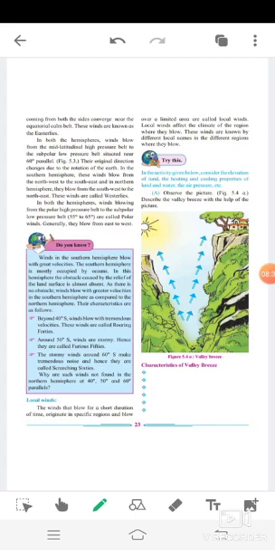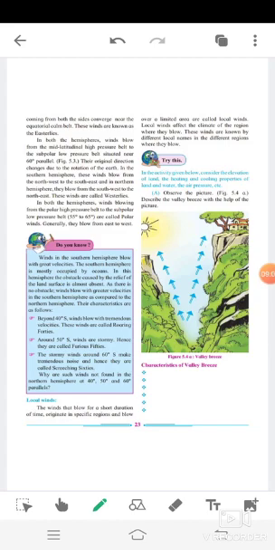Now, in both hemispheres, winds blowing from the polar high pressure belt to the subpolar low pressure belt, 55 to 65, are called polar winds. Generally, they blow from east to west. Already I have explained this point. Again, I am repeating.